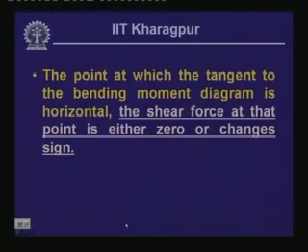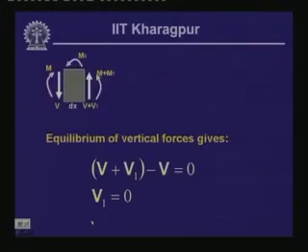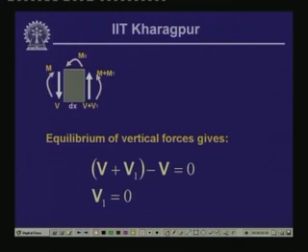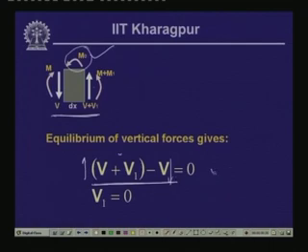To answer that question, let us look into this particular diagram once again: a segment of the beam of length dx is subjected to a concentrated moment M0, and these are the values of the shear force and bending moment on either side of the section. Now, if we take the equilibrium of the vertical forces, we have this expression: V plus V1, which is acting upward, minus V, which is acting downward, equals 0.